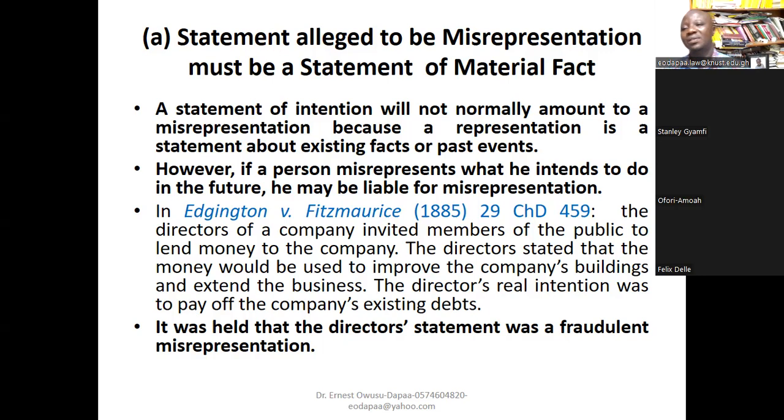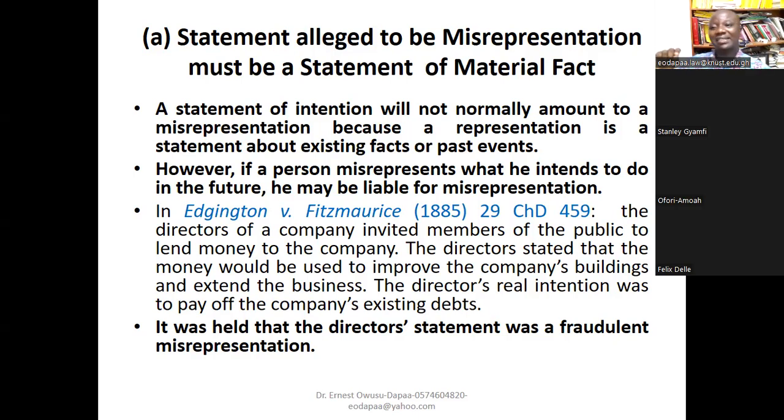However, it was subsequently uncovered that the real intention of the directors in trying to get money from the investing public was rather to pay off the company's existing debts. And because of that, the court held that the directors' statement was fraudulent misrepresentation.